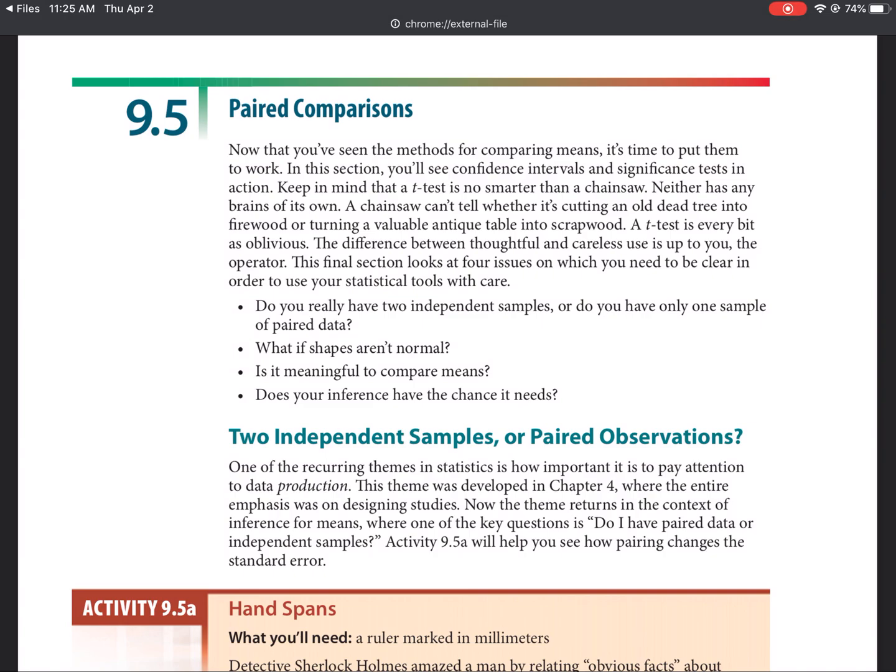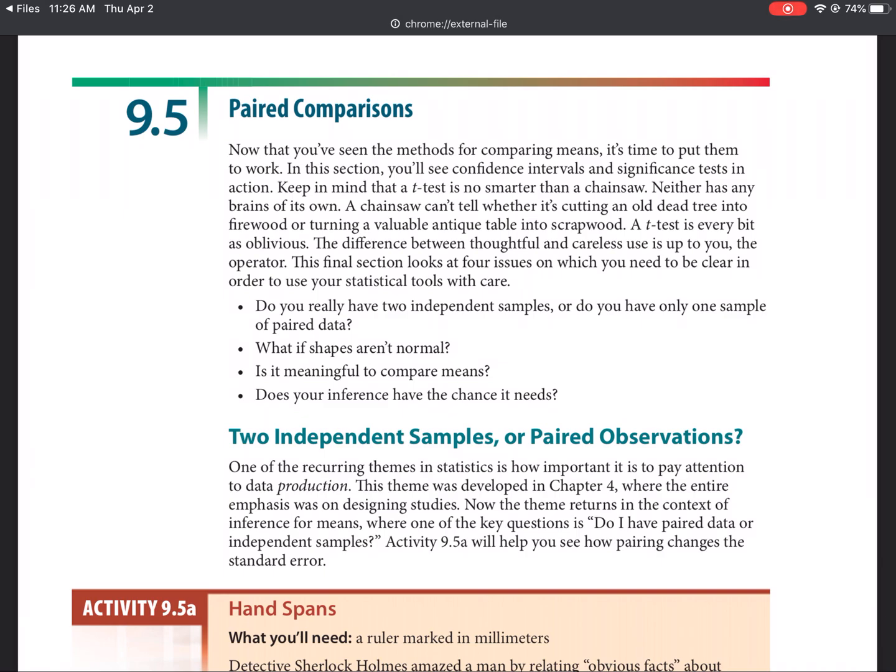Either we try to pair a person or an object up with something that has similar characteristics, or in the most ideal situation, we give all of the treatments to both subjects. So the second method is definitely the best, but it's going to require more resources and, of course, more time.